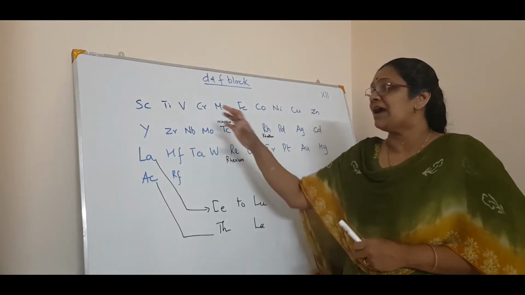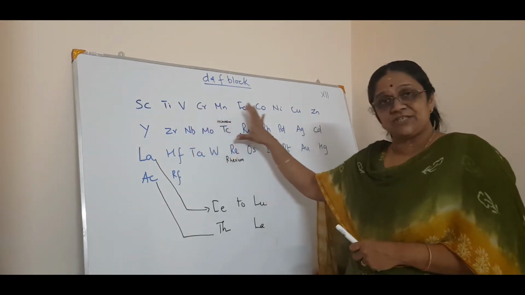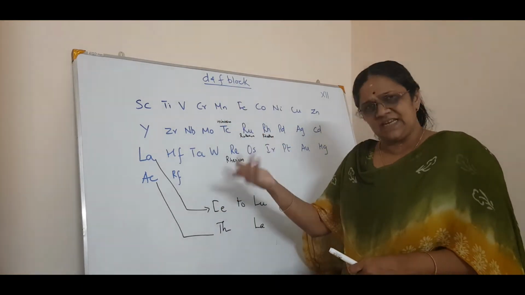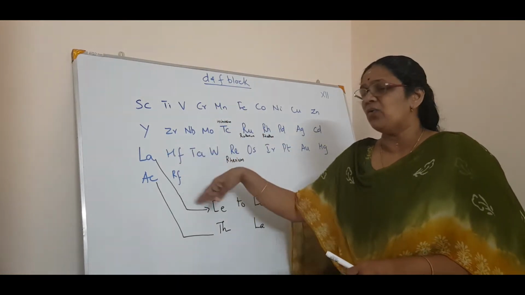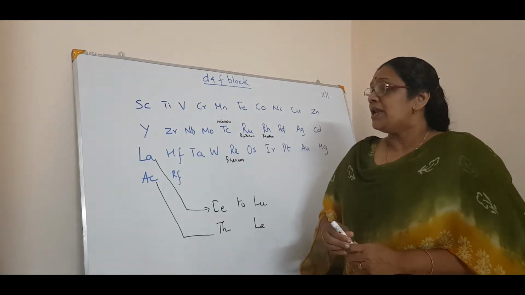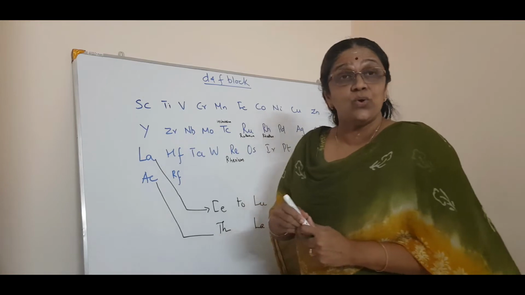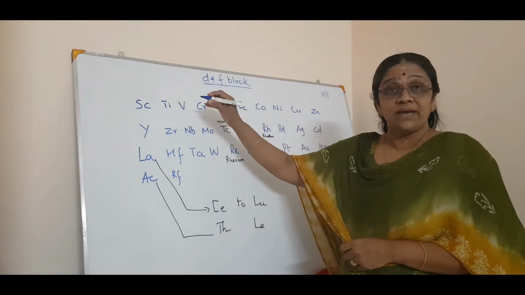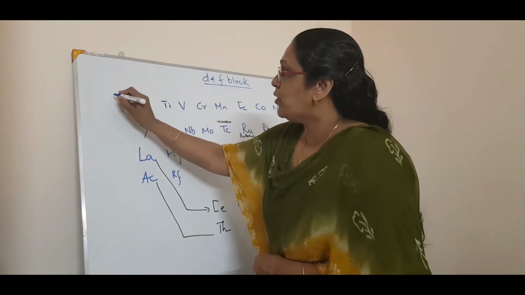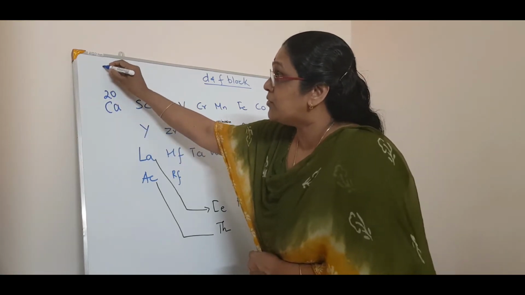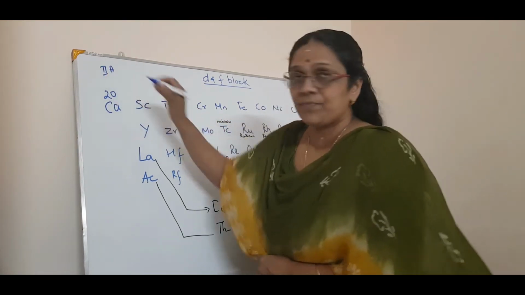So today we will have a familiarization of the elements which are in the D block, and the F block we will see later, but still I will say how the F block comes. Now the first element, and you also know about the atomic number. There is calcium, the atomic number is 20 in the 2A.